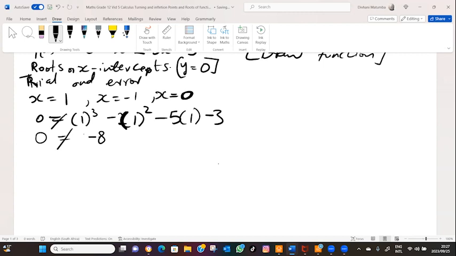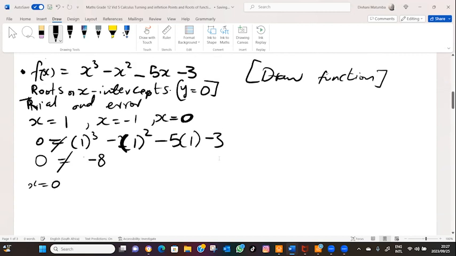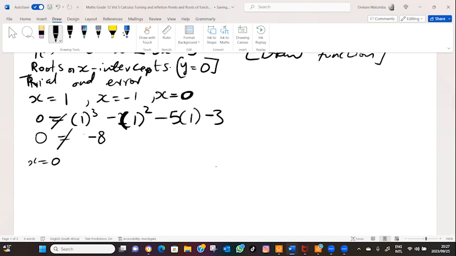With x equals 0, we're gonna have 0 equals 0 to the power of 3 minus 0 to the power of 2 minus 5 into 0 minus 3.